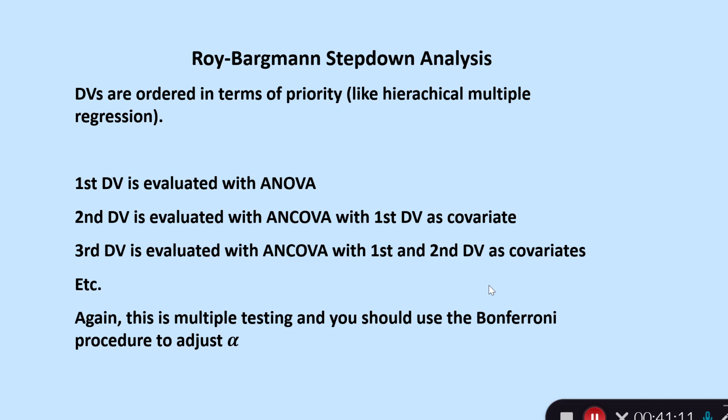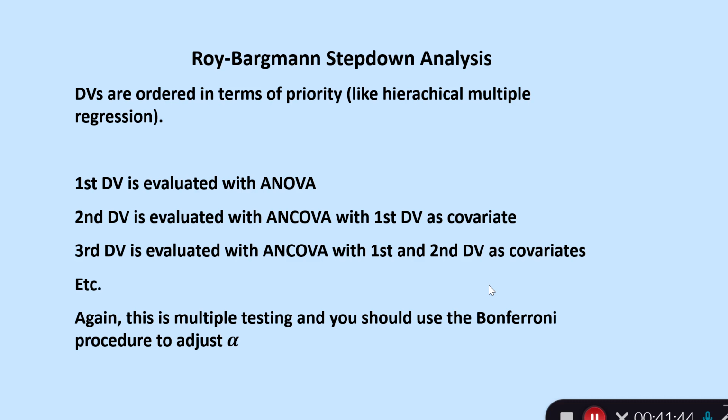What you then do next, and this is the step down, is another stage where you take your highest priority DV and use it as a covariate, and then you use your second highest priority DV as the actual DV and run an ANCOVA on it. So the second DV is evaluated using an ANCOVA with the first DV used as a covariate.